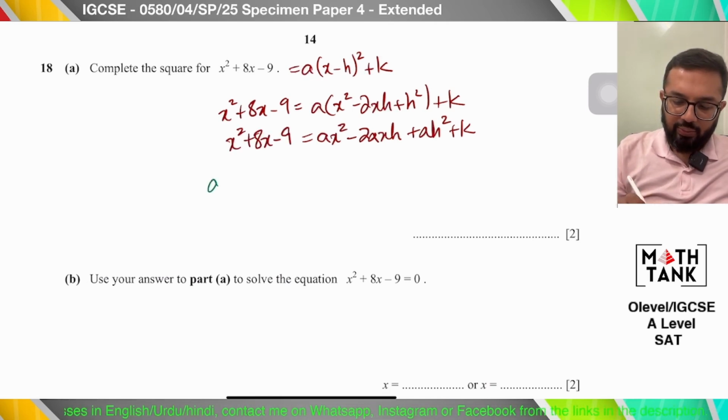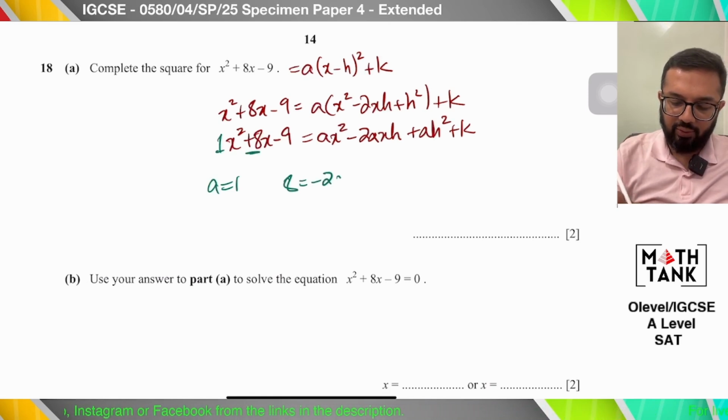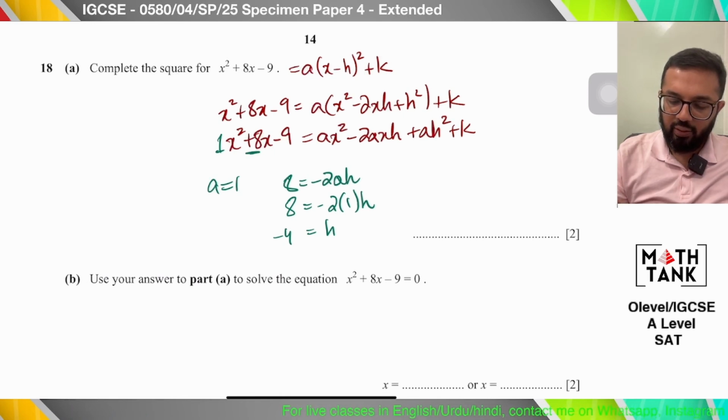So a is 1, I'm comparing the coefficients. Okay, 8 has to be equal to minus 2ah, so h is minus 4, and minus 9 has to be equal to ah squared plus k.